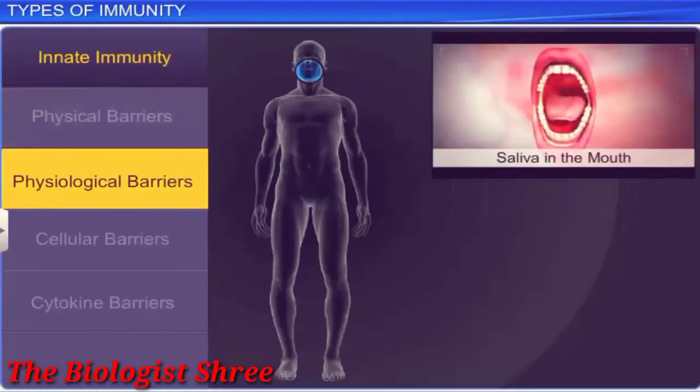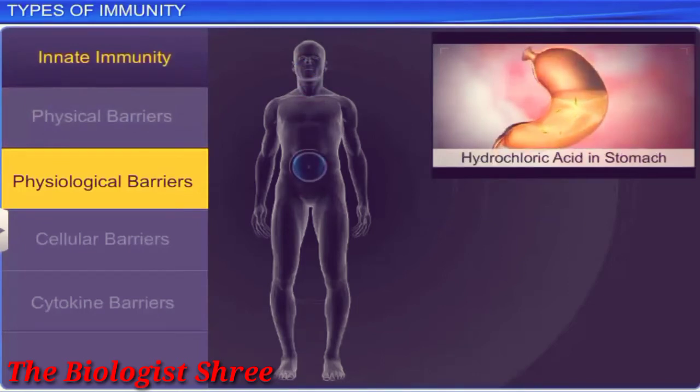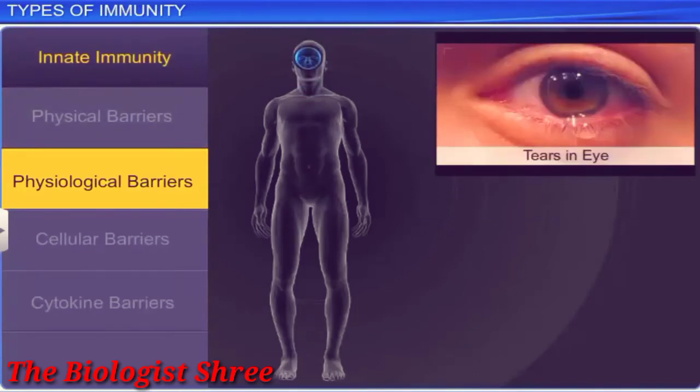Saliva in the mouth, hydrochloric acid inside the stomach, as well as tears in the eyes, act as physiological barriers to microbial invasion.